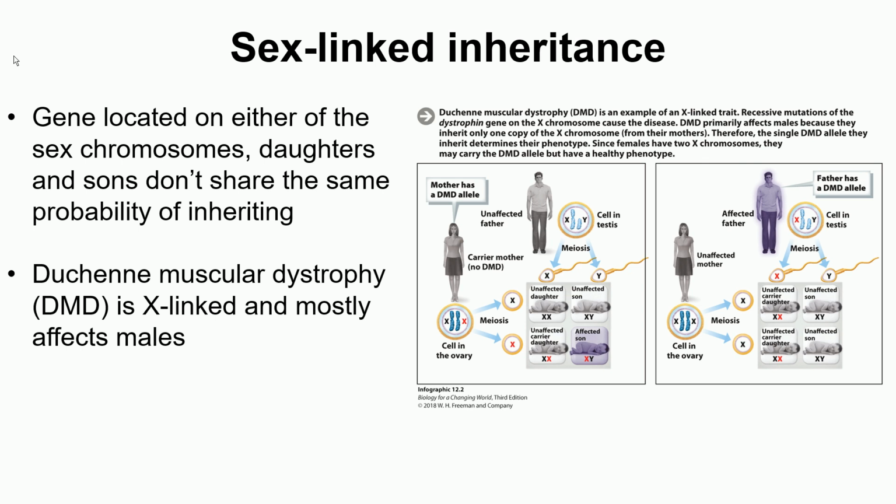In that case, the female is a carrier of a mutant gene or mutant allele, but this female will be affected by the disease only if both the alleles are mutated.